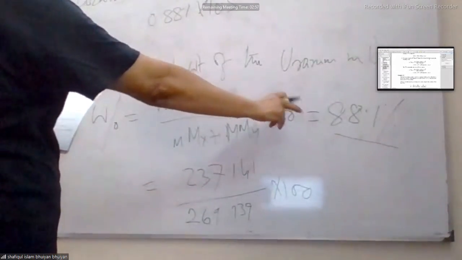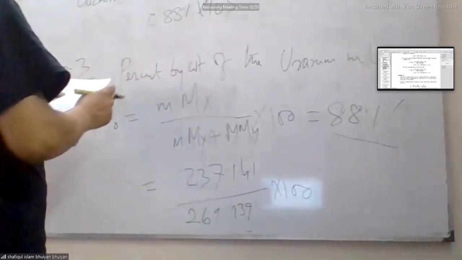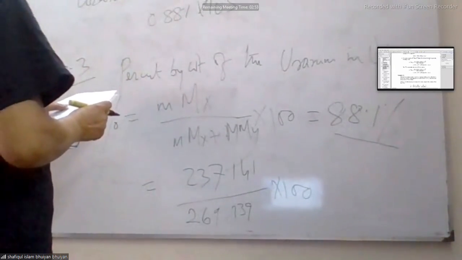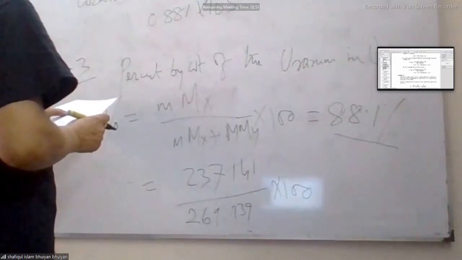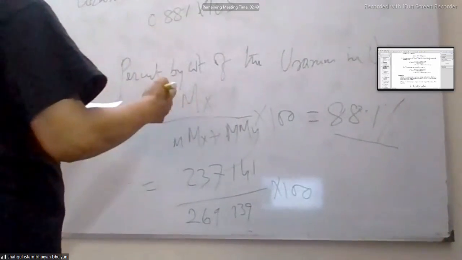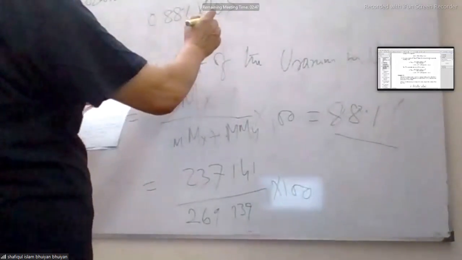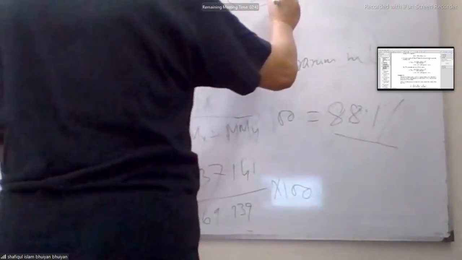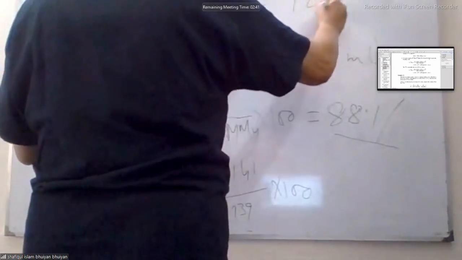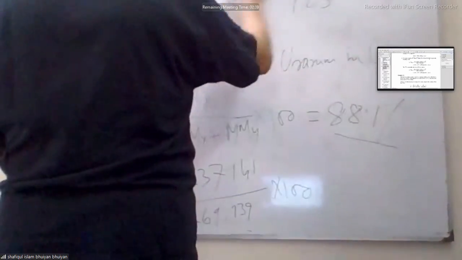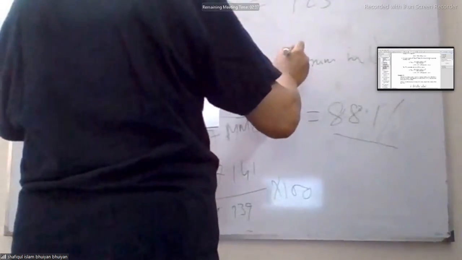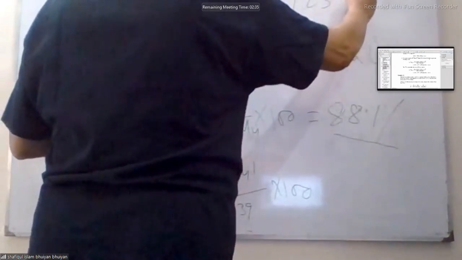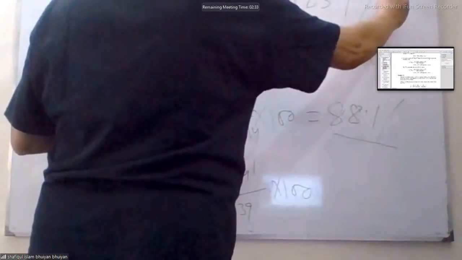This is 88.1%. If you take the percent, then this will be 0.881 into 10.5. This will be equal to 9.25. The average density of the uranium is 9.25 gram per centimeter cube.